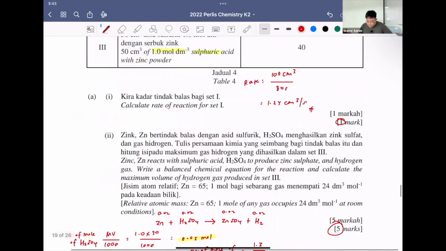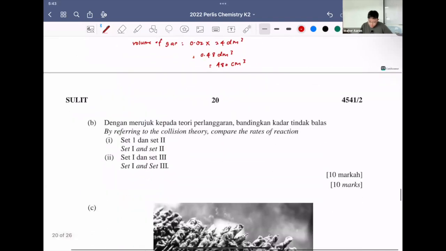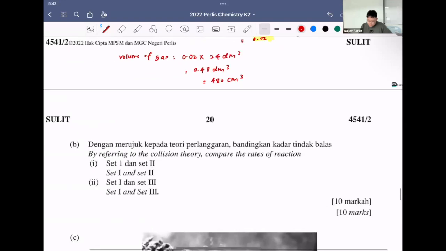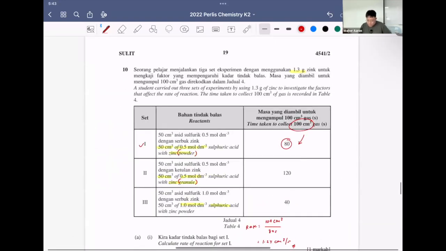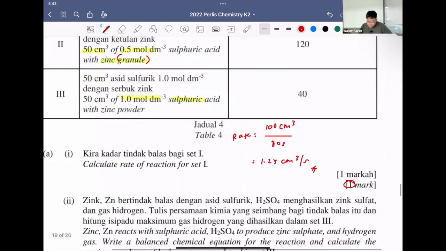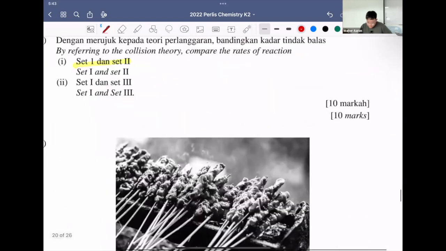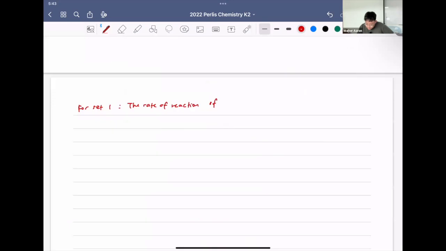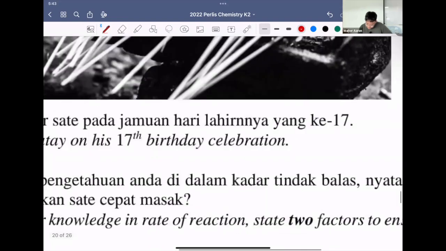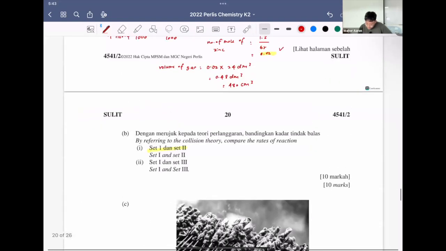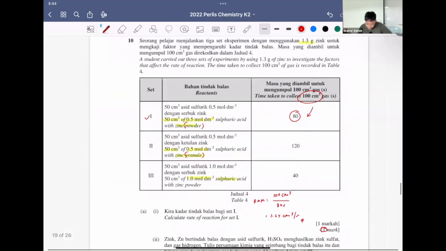But 1 and 2 first. So for 1 and 2 here, I would say that there's a larger surface area for zinc powder to react with the acid compared to zinc granules. So that'll be your answer. So you see over here, the rate of reaction of set 2 is slower or lower compared to set 1.